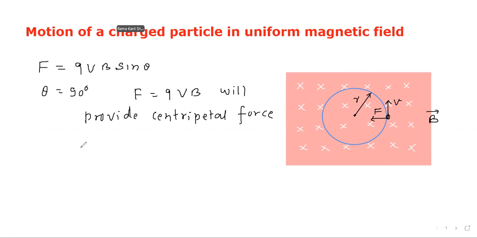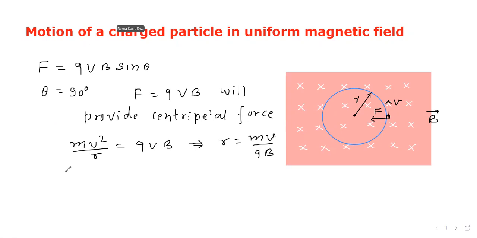So let's find out the radius of the circular path. We can say mv square divided by r equals qvB, which will give r equal to, from here v will cancel out, mv upon qB.